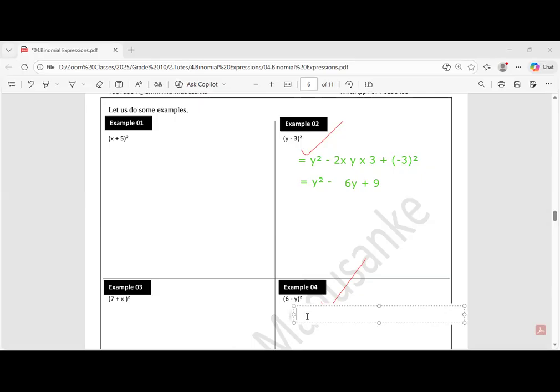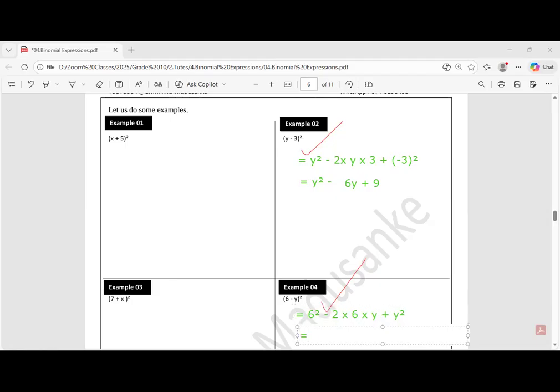So you can provide the answer: 6 to the power 2, negative 2 times 6 times y, and the last term positive, y to the power 2.